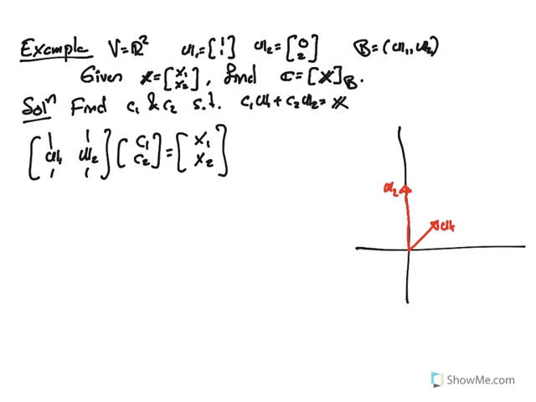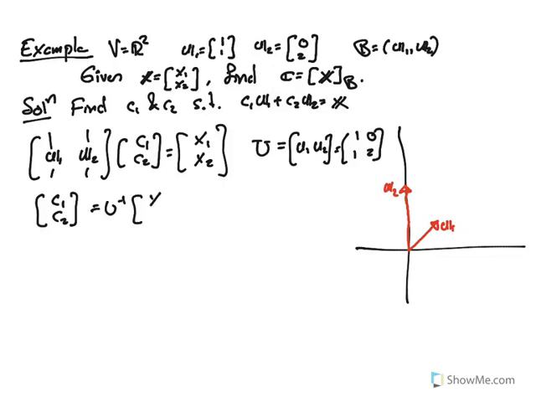So now let's form the matrix U. That's the 2 by 2 matrix with columns u1 and u2. In this case, it's just [1, 1; 0, 2]. Then for this linear system, we get (c1, c2) is U inverse times (x1, x2).